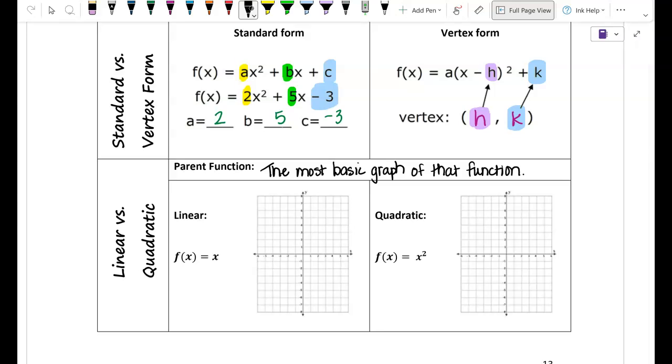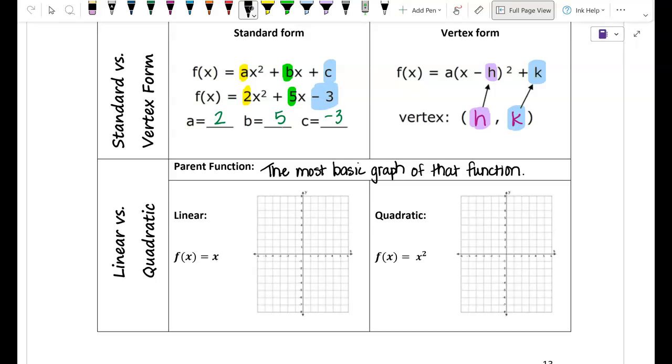You've graphed it before. We just don't usually, when we're teaching linear functions, bring up the idea of the parent function yet. It is something that we wait until we get to the quadratic and we start to understand. So I bring in linear here just to show you what this parent function means.